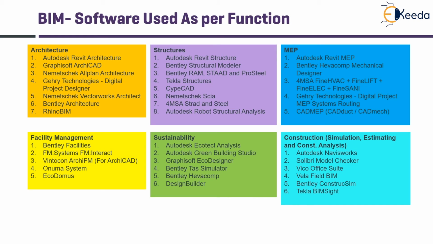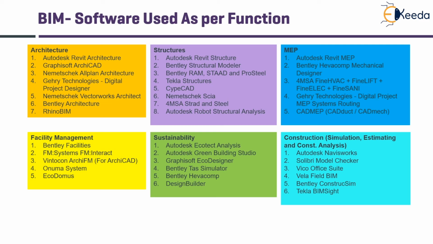Here we have provided an extensive list of softwares which are used for different functions of construction like architecture, structural, MEP, facility management, sustainability, and during construction, that is simulation, estimation, and analysis. All the most commonly used and easily available software for each of these special functions are mentioned.